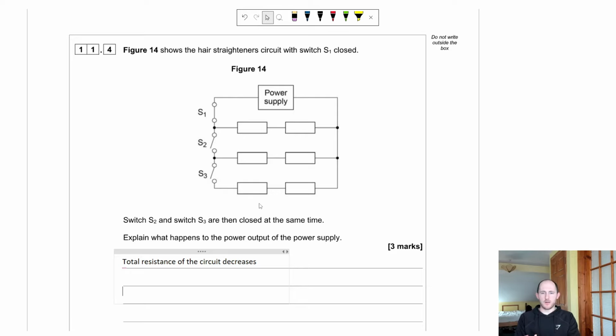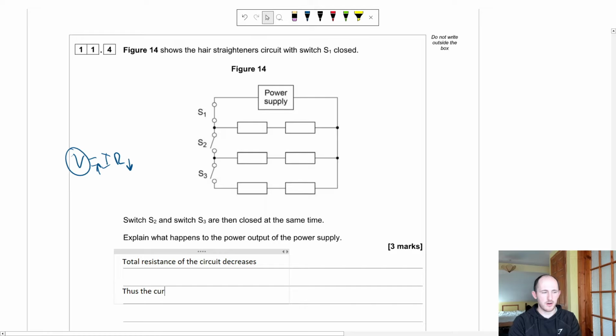So what does that mean? Well, if you have V equals IR, right? V is staying the same because the power supply for the UK is the same always. But we've decreased resistance, but that means the current has to increase. Thus, the current must increase.